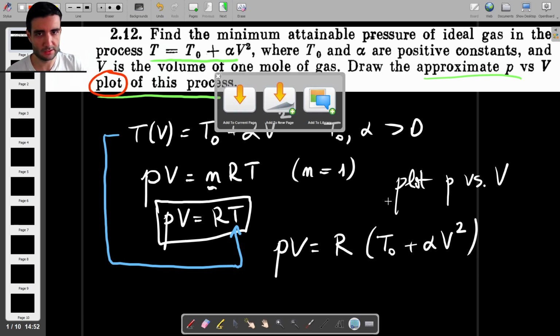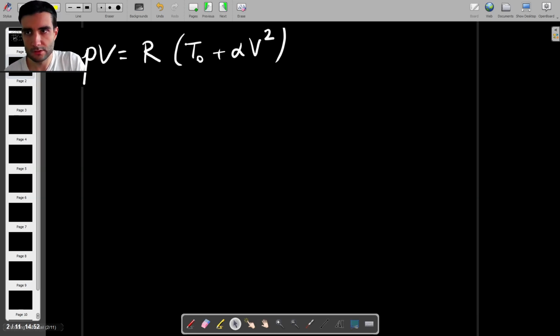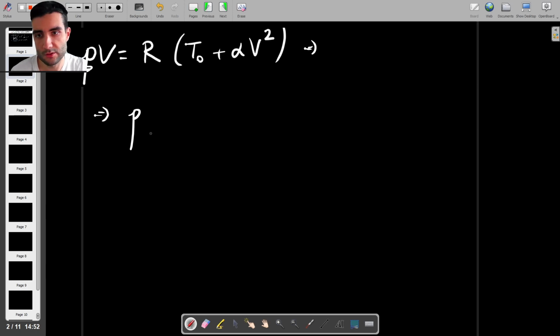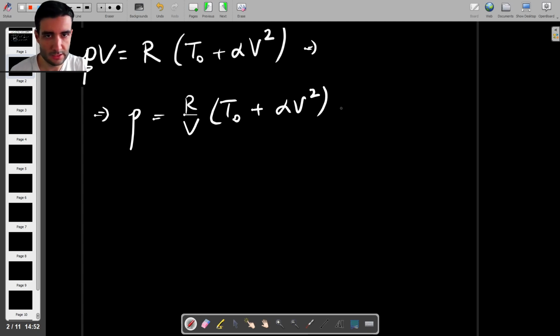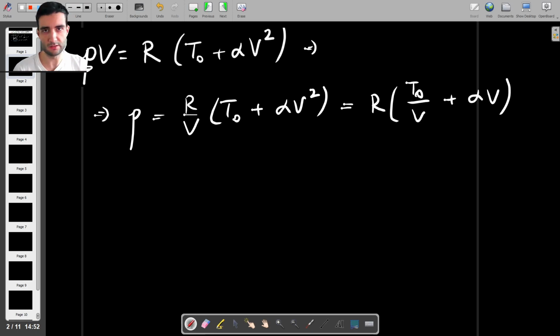So now we can say that the pressure, making it the subject, I'm dividing both sides by V, and we end up with this. And then if I put the V inside, that will give us R T naught over V plus R alpha times V, basically.